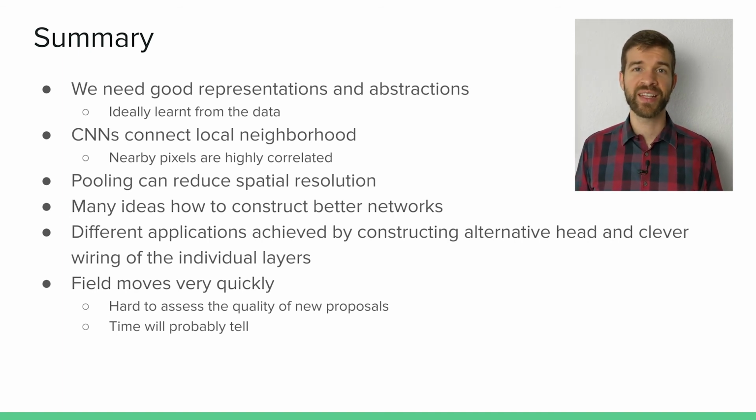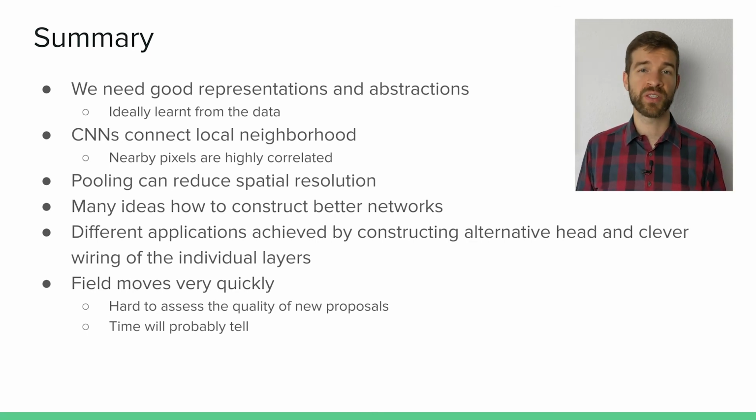And CNNs have this one specific layer type, the convolutional layer, that learns to connect the local neighborhood by only looking at a small area in the input image, because nearby pixels are typically highly correlated. We have talked about pooling layers that can help us to reduce the spatial size to be more efficient, and there are many ideas how to construct better networks.